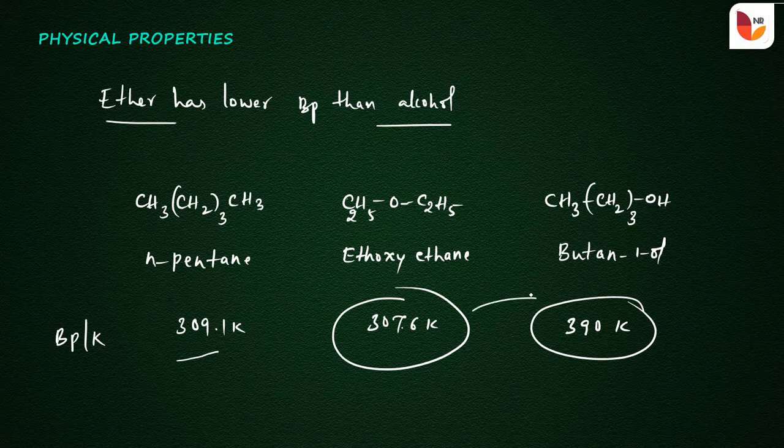So the large difference between the boiling points of ethers and alcohols is due to the presence of hydrogen bonding. Very important for a 1 mark question: why do alcohols have a very high boiling point than ethers? Alcohols have a very high boiling point as compared to ethers due to the presence of hydrogen bonding in alcohols. Between alcohol molecules there is hydrogen bonding, but between ether molecules there is no hydrogen bonding.